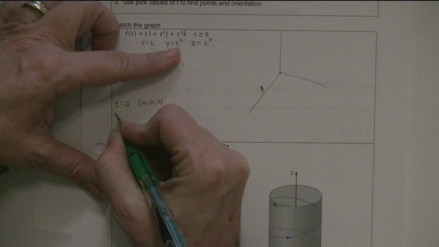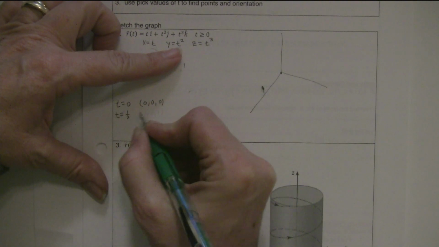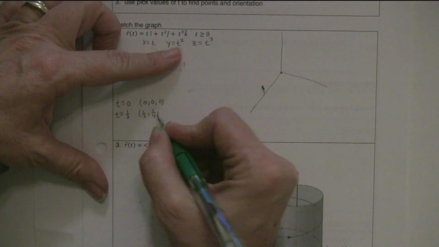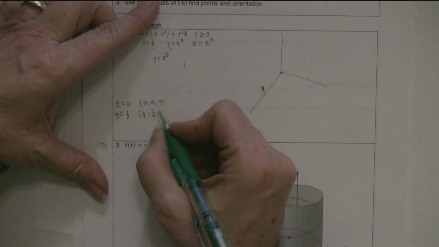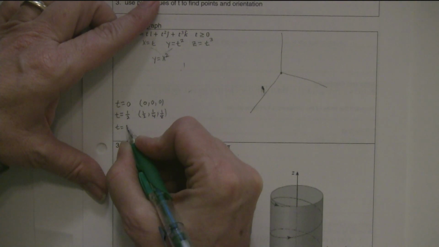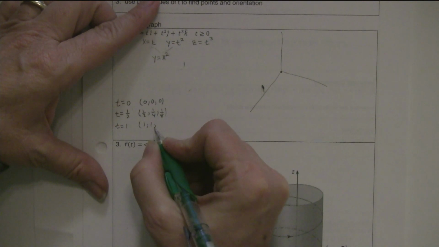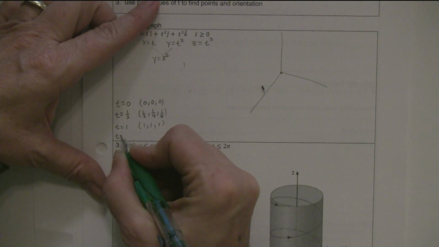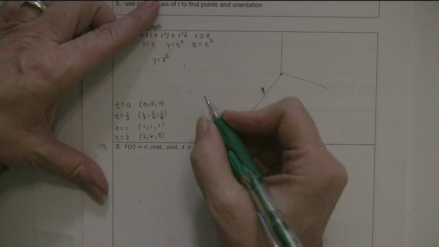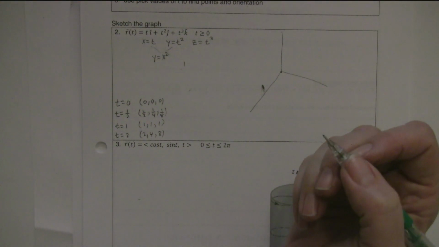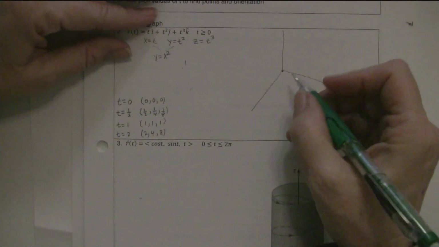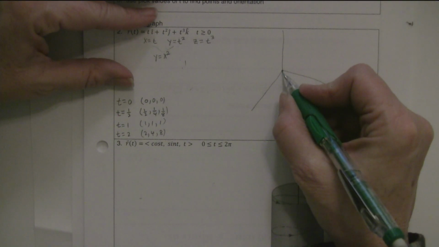If T is half, then X is half, Y is 1/4, and T to the third, Z, is 1/8. If T is 1, they're all 1 here. If T is 2, then we get 2, 4, and 8. You'll just notice that when I plot these points, I'm getting this. So here's 0, 0.